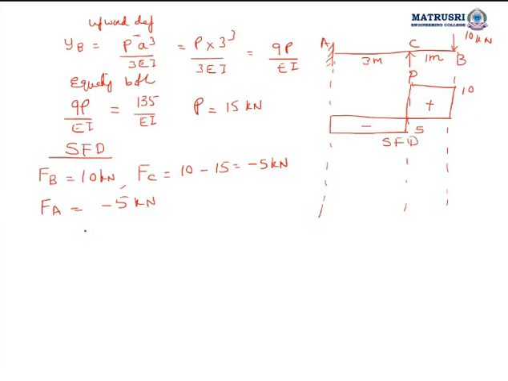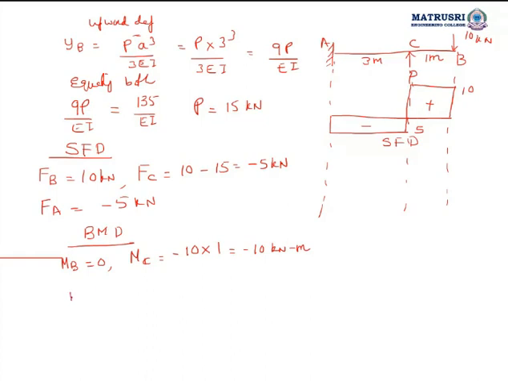Then I'll come to the bending moment diagram. MB is equal to 0. Then go for MC. What will happen? 10 into 1, clockwise, no? So minus 10 into 1, that is minus 10 kilonewton meter.